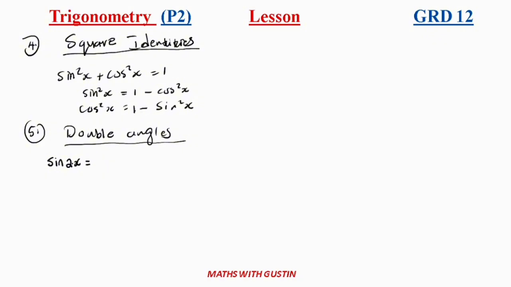All right, so if we've got sine 2x, sine 2x will give us 2 sine x times cos x. So if you see something like this, you can change it to 2 sine x and cos x. Now if you have cos 2x, this will be equal to cos squared x minus sine squared x.